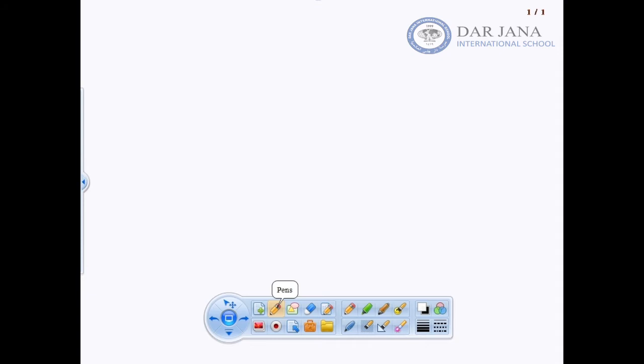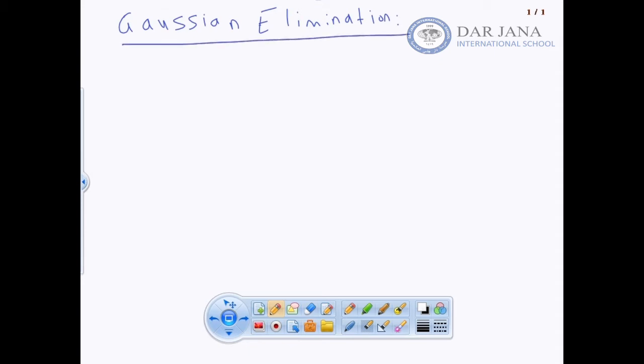Our second objective in this lesson is to solve a system of linear equations using Gaussian elimination. So let's consider this system of equations.